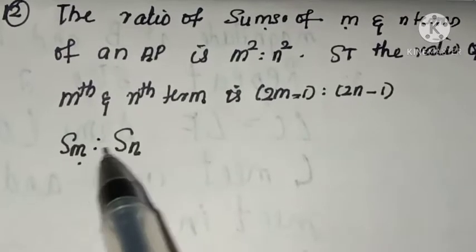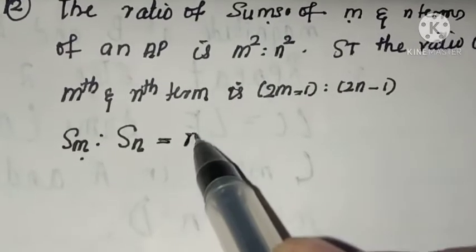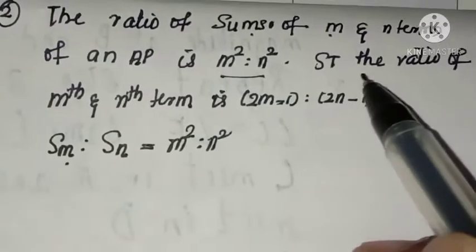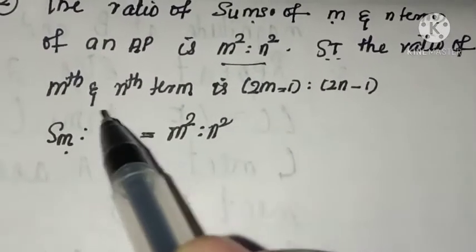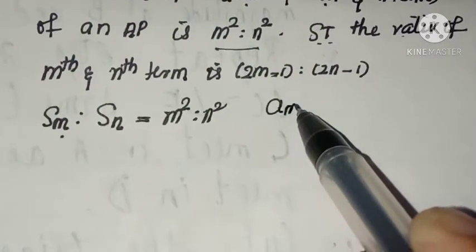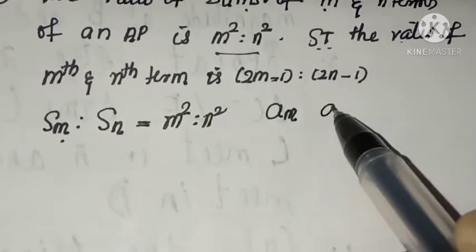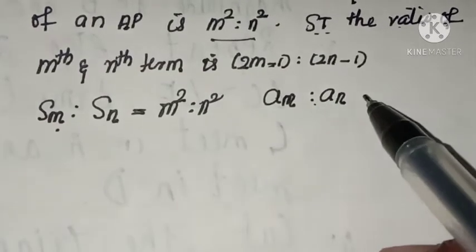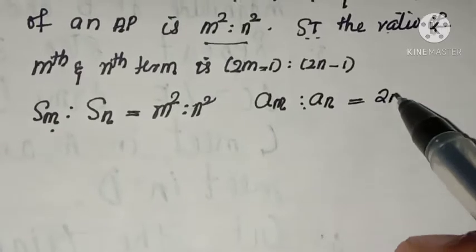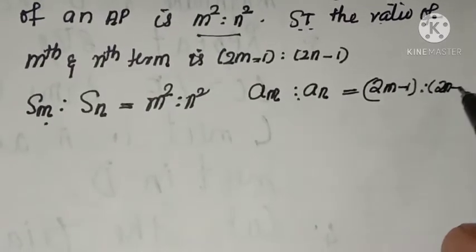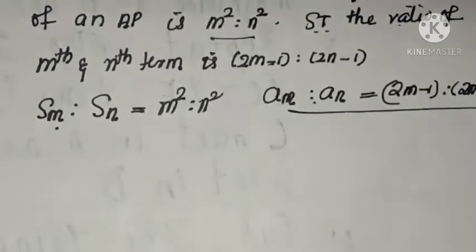So their ratio is given. What is their ratio? m² is to n². That is given. Now we need to show that the ratio of the mth term, a_m, and the nth term, a_n, is (2m − 1) is to (2n − 1). This is what we need to prove.